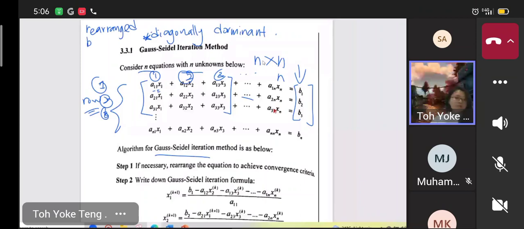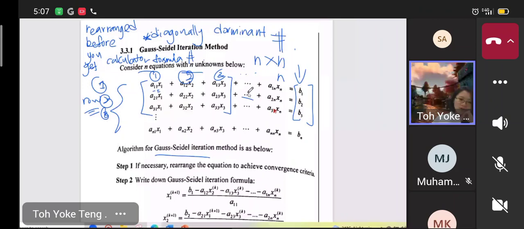If not, rearrange before you get the iteration formula. How to get the iteration formula, I will share with you later. So just remember that before you proceed with the calculation, the first thing is to make sure that it's diagonally dominant, so you can rearrange the equations in order to make it diagonally dominant. If necessary, for step 1, we arrange the equations to achieve the convergence criteria here.